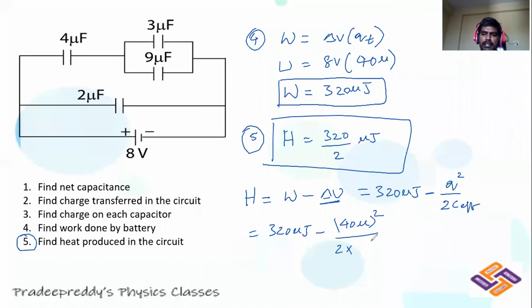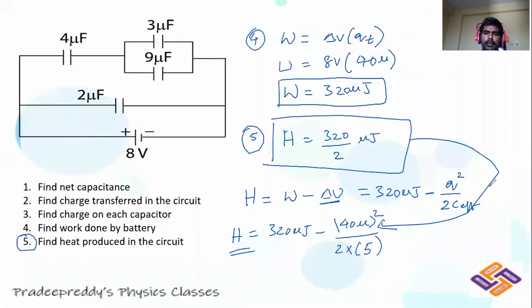That effective capacitance which we have calculated in the beginning, you need to substitute here so that you will be getting heat produced. And obviously that should be equal to 320 by 2 microjoule. Finally, you will be getting answer as 160 microjoule. That is the heat produced, and you can verify that in both the cases.